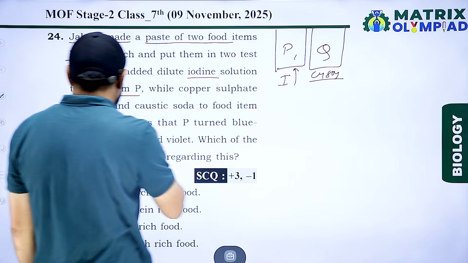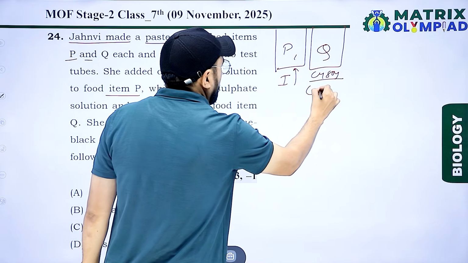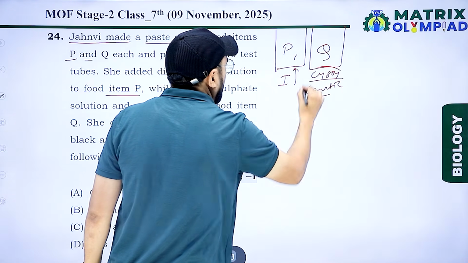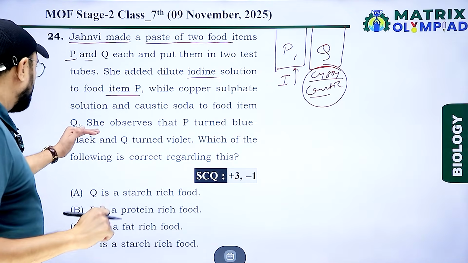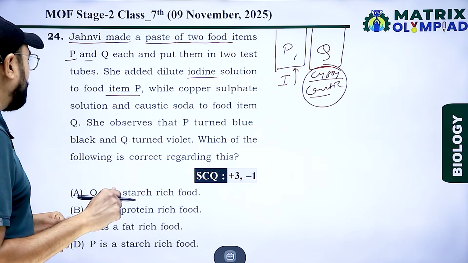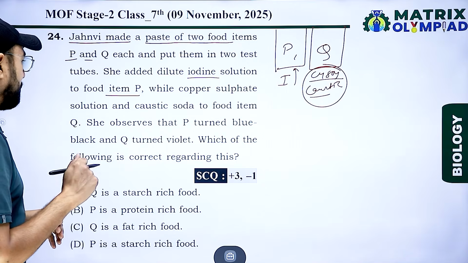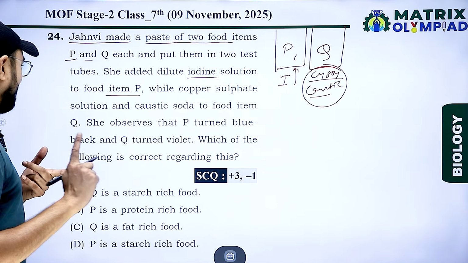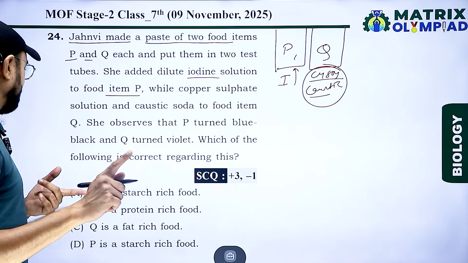Copper sulfate and caustic soda are added to food item Q. She observed that P turns blue-black and Q turns violet. Which of the following is correct regarding this?